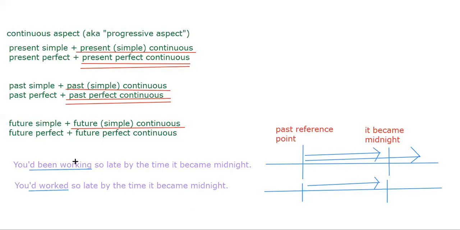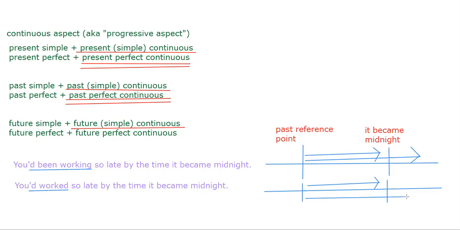So here, the first one means you'd been working so late, and when it became midnight, you still might have wanted to work later. Again, it's an ongoing action combined with the perfect aspect, which implies that you were in the middle of working, and you may still have wanted to keep working. Whereas this one stops right at this line.